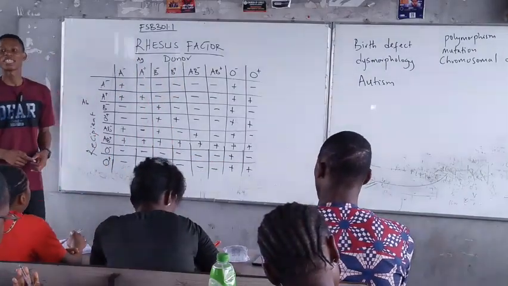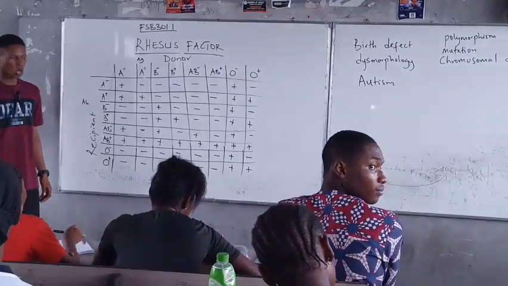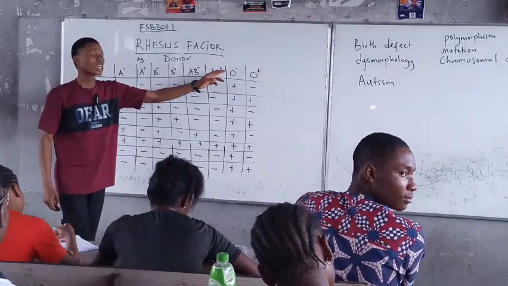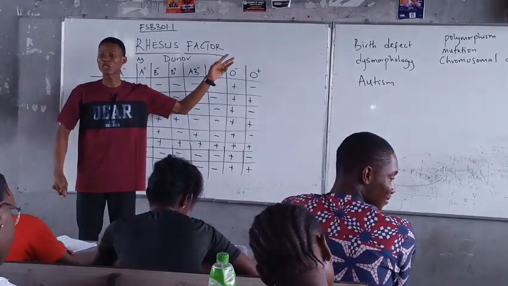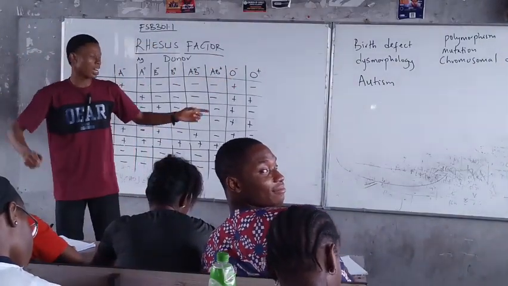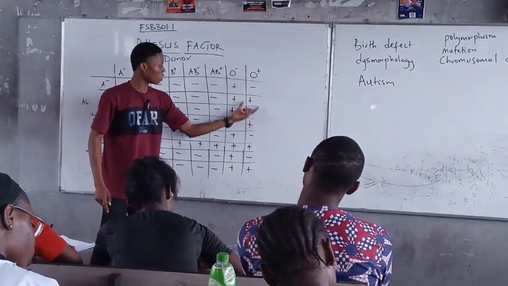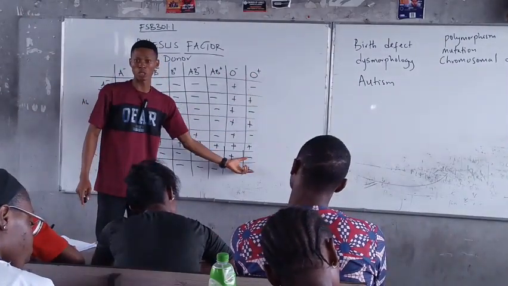Good. Now at this point, the universal donor is what? So you can see from this chart, though before we just said the universal donor is O, the universal donor now is what? O negative. O positive is not the universal donor, because there are some persons they cannot donate to.